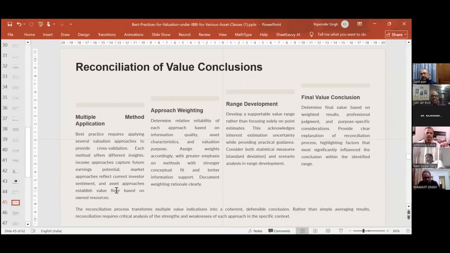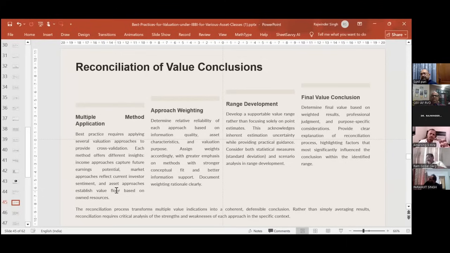Next, when you are reconciling the valuation, is approach weighing. Determine the relative reliability of each approach based on information quality, asset characteristics, and valuation purpose.